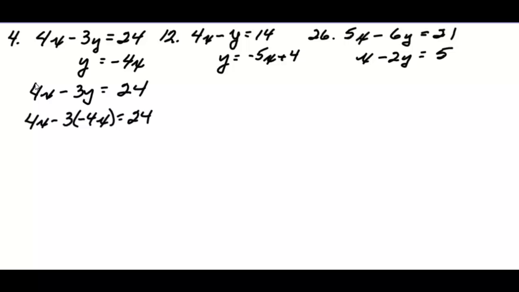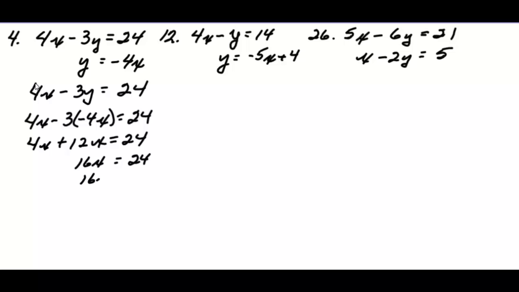Now when we do that, we get 4x plus 12x equals 24. And now we don't have any y's anymore. All we have is x's. So 4 plus 12 gives me 16x equals 24.